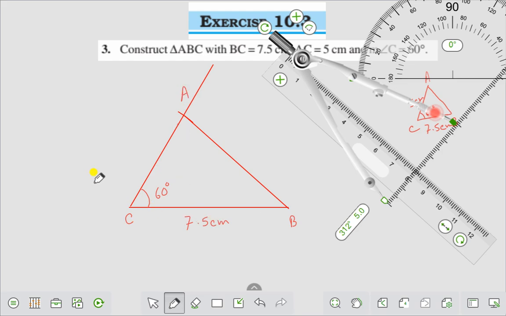Now BC is 7.5, and this is 5 centimeter.